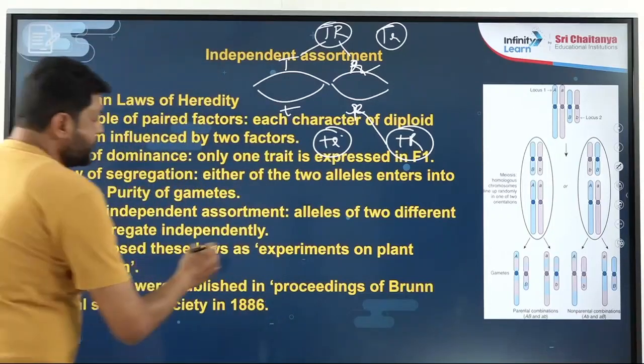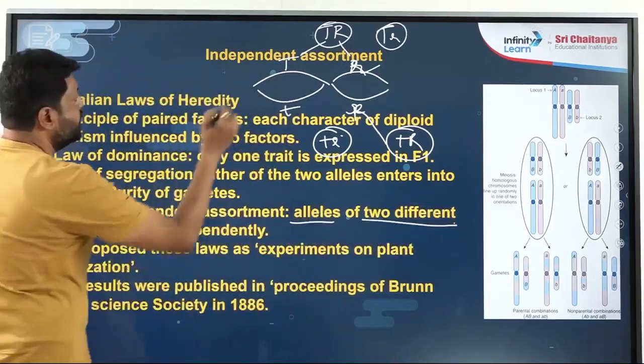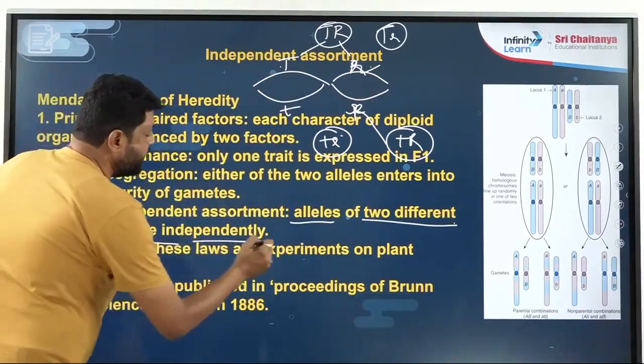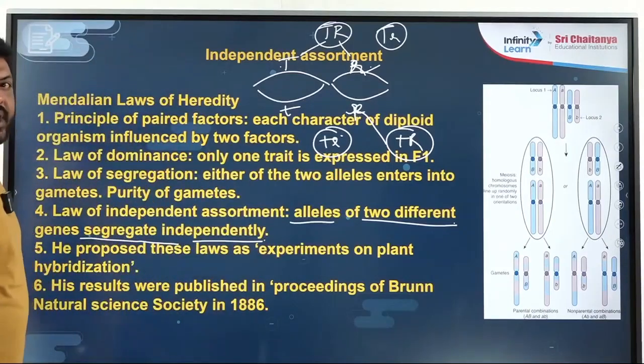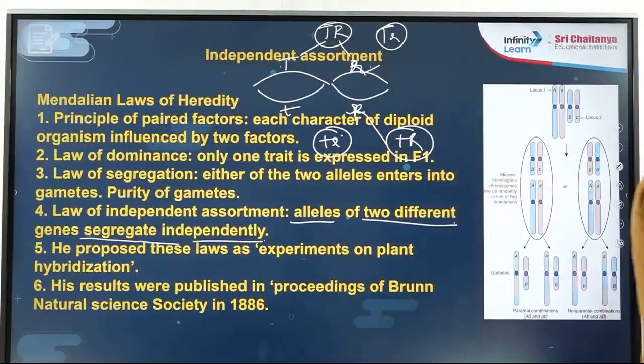I repeat again, alleles of two different genes segregate independently. There is no need that capital T always has to go with capital R, or capital R go with small r. Capital R can go with capital T or small t.